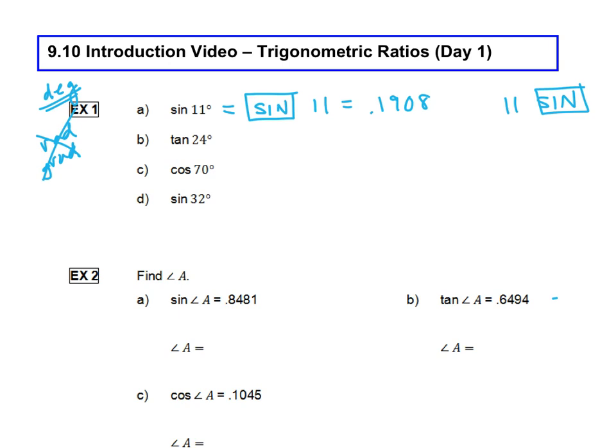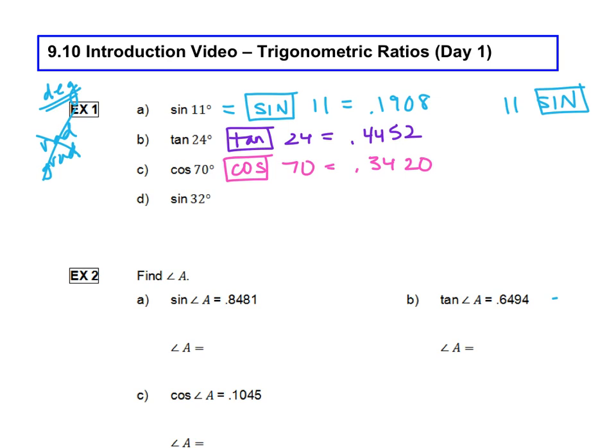All right, so the next one, tan of 24 degrees. So again, we find your tan button, tangent, type that, type in 24, hit enter, and round to 4 decimal places, you get 0.4452. Cosine of 70, find your COS button of 70 degrees, and you get 0.3420.